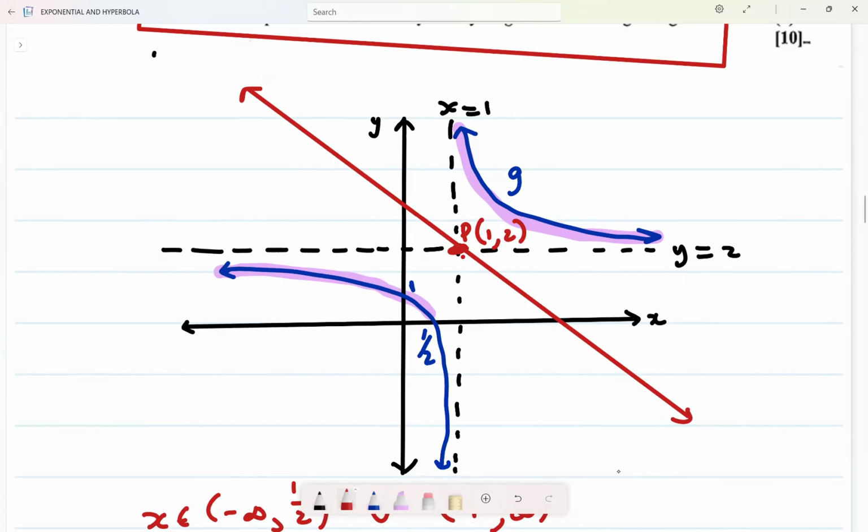Okay, and remember, the equation is y is equal to, if it has a negative gradient, negative x plus c. The one with a positive gradient is going to just be like this.